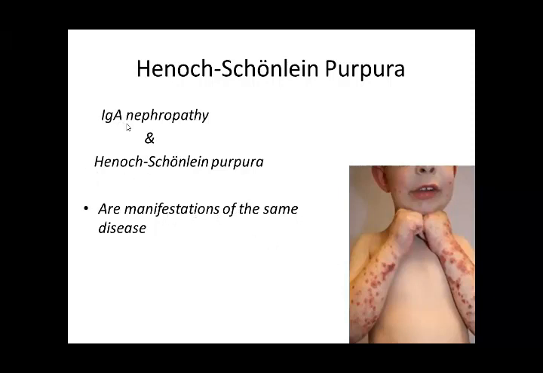In IgA nephropathy alone, we don't talk about the skin lesions. We talk about the kidney disease alone. But when we talk about Hematogenous purpura, we talk about the skin lesions, and then there are kidney lesions as well.